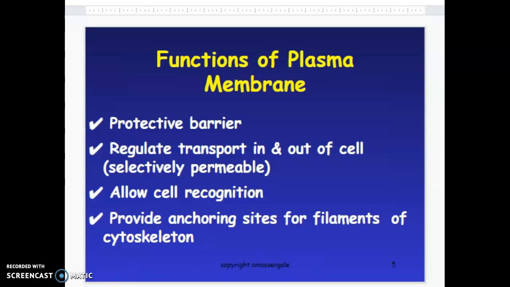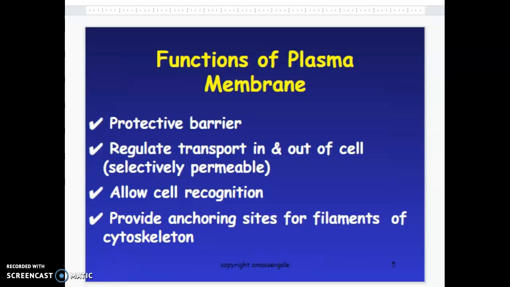Some other functions of it, they are a protective barrier from the environment. They also transport things in and out. They are called selectively permeable, so they allow some substances in and others not. We're not going to get into it too much, but they also have ways that they can recognize different organisms or things inside of your body.